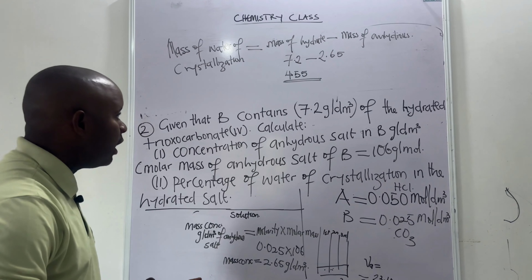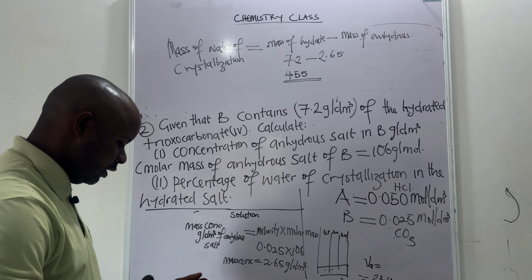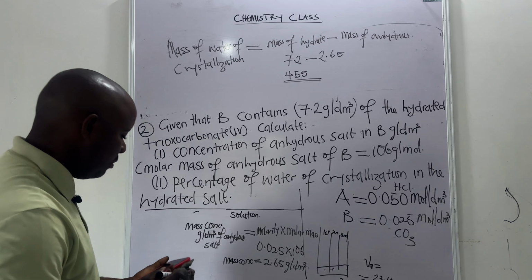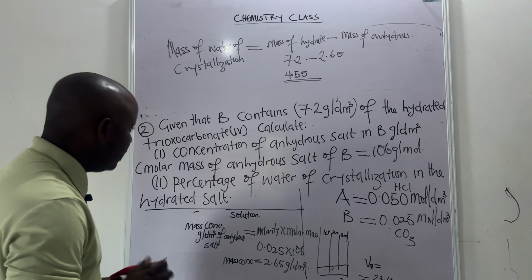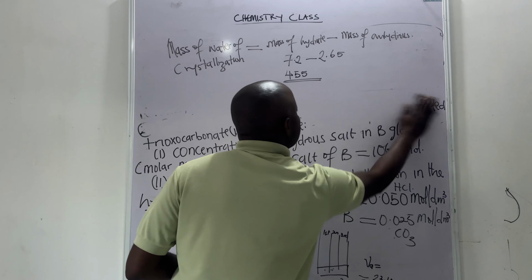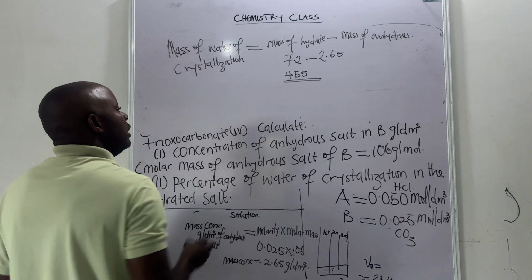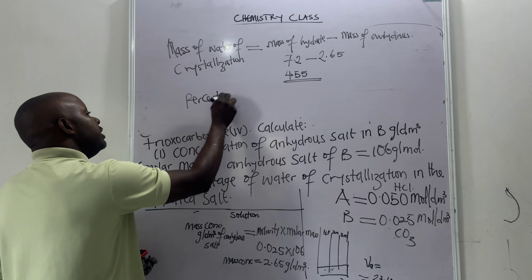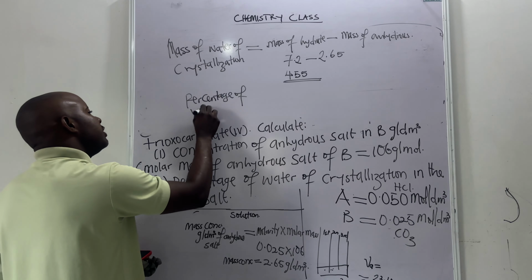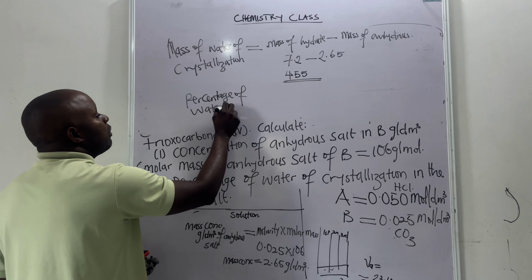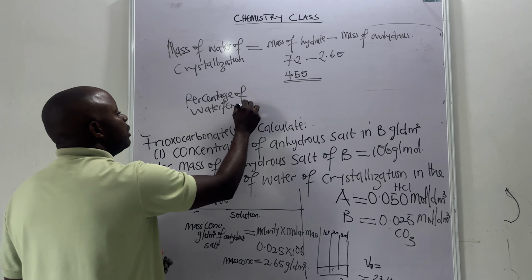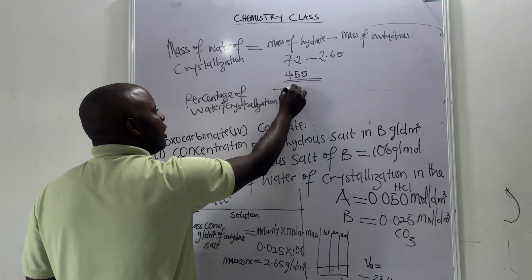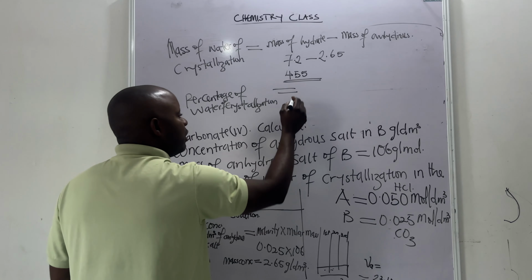We have obtained that this is the mass of water of crystallization. I'm going to multiply it by 100 over the mass of the total hydrated salt.